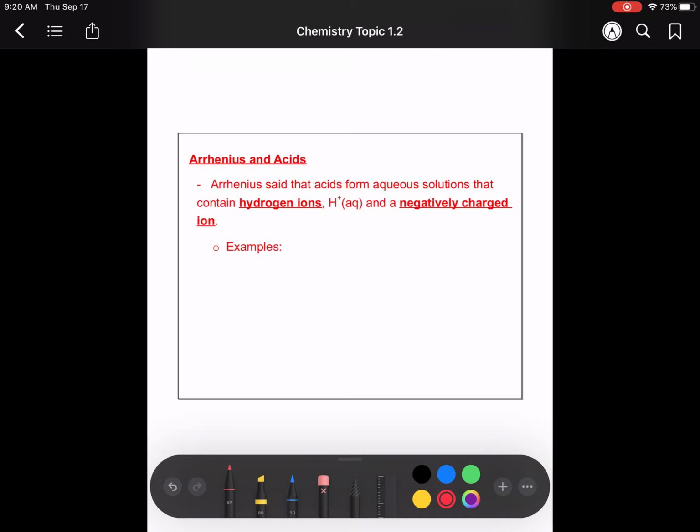Let's use the one we just did, which is HNO3. If we put that in water, so by putting it in water, you just write aq, draw an arrow. So HNO3 in water would change into H+ and NO3-1. Okay? So that's all he was saying there.